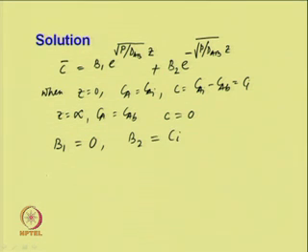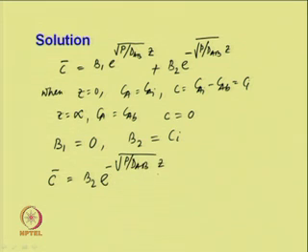So, we can write the solution C bar will be equal to B_2 e to the power minus root over p by D_AB into z, is equal to C_I e to the power minus root over p by D_AB into z.